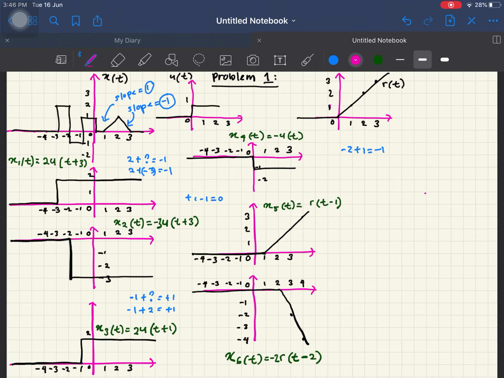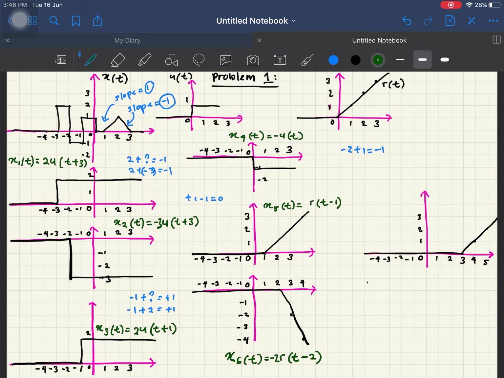So if I am to sketch the 7th signal, it simply means you have a signal of 0 until t equals 3, and then from here you have a signal of slope equal to 1.